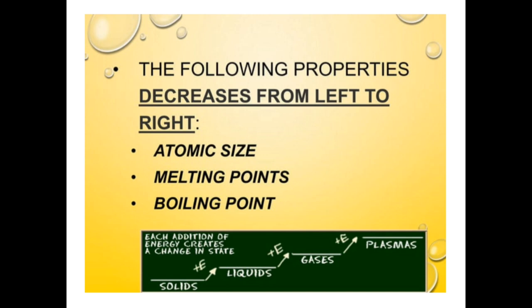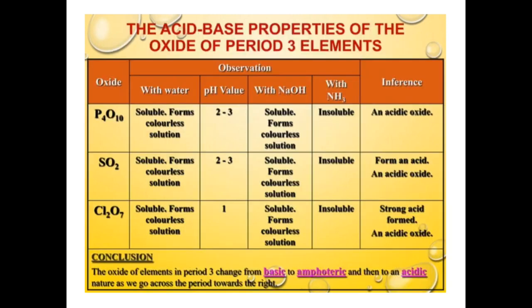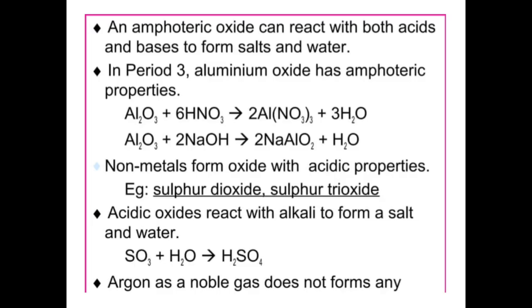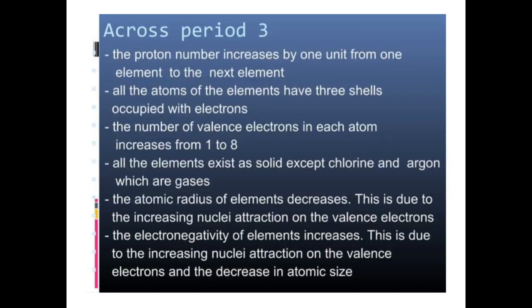We have looked at some of their properties from solid to gas, metal to non-metal, and at the properties of the oxides that they form. We have looked at how they form metal, semi-metal, and non-metal. Of course, we have established that we are moving from ionic to simple covalent compounds.